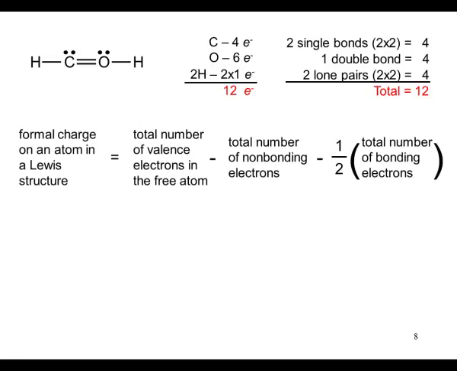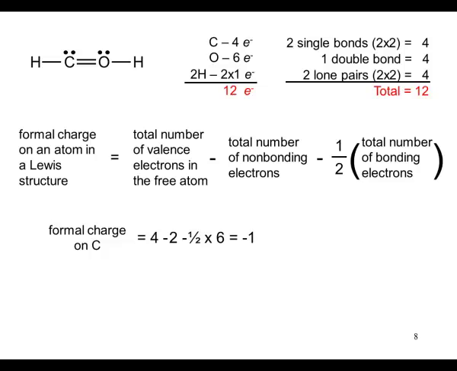The formal charge, again, is the number of valence electrons minus the total number of non-bonding electrons minus 1/2 the bonding electrons. Let's apply this. First for carbon. There are 4 valence electrons minus 2, the number of non-bonding electrons, minus 1/2 the 6 electrons in bonds.